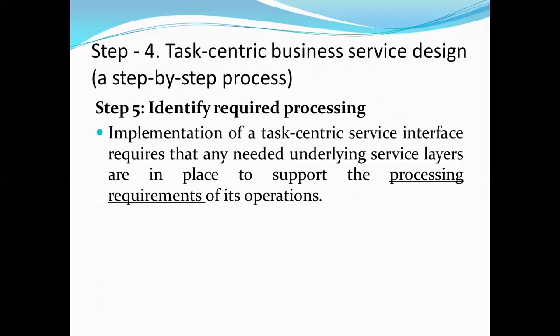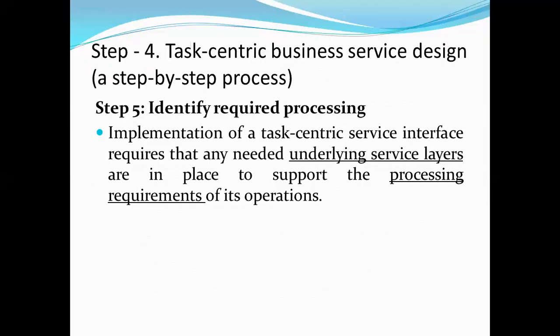How to implement? Compose the verify timesheet service and the reject timesheet service. Combining these two services becomes the timesheet submission process service, processing the requirements of its operations. This is the last step of task-centric business service design.